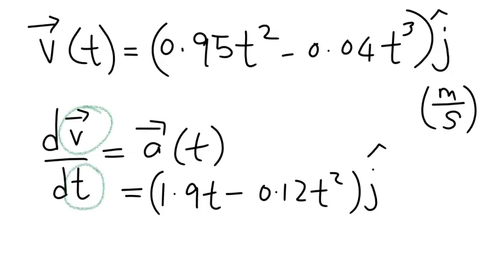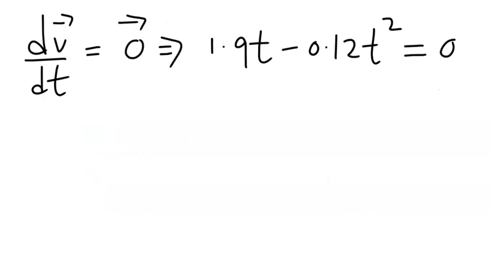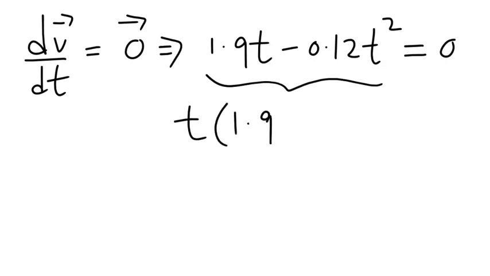Now, by equating this derivative to 0, or by equating the acceleration to 0, you can figure out the time for which the velocity is maximum or minimum. So that would give you essentially this. Now, the left-hand side can be factorized. Take the t out, so you get 1.9 minus 0.12 t, and that is 0.